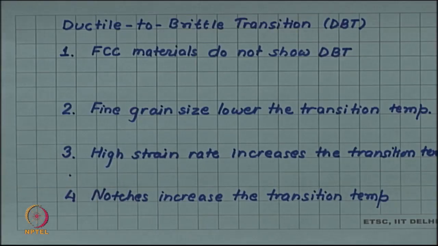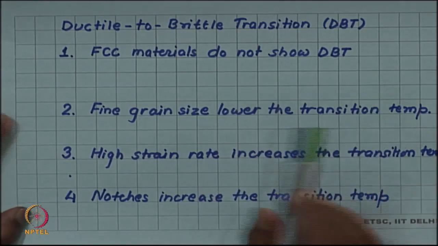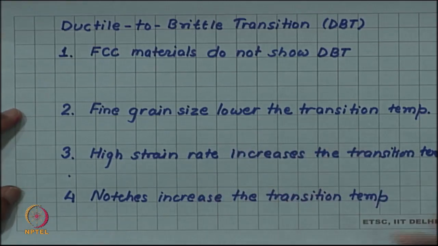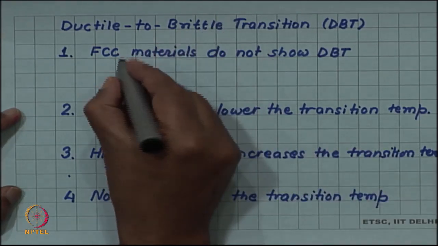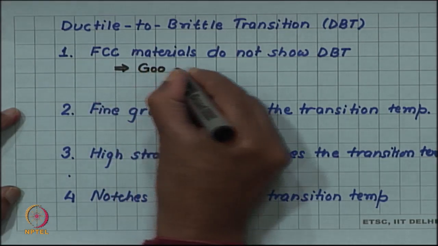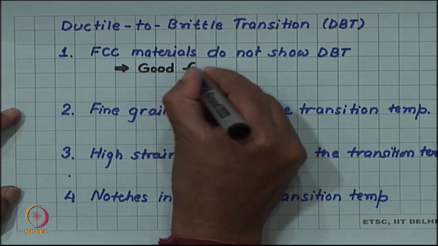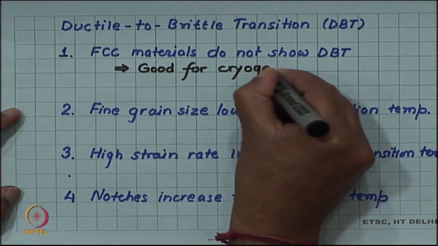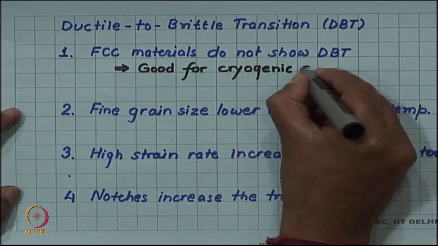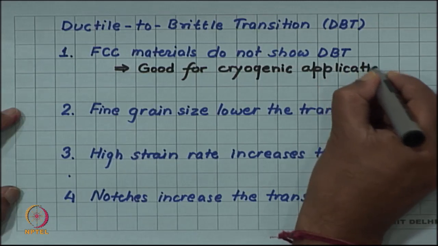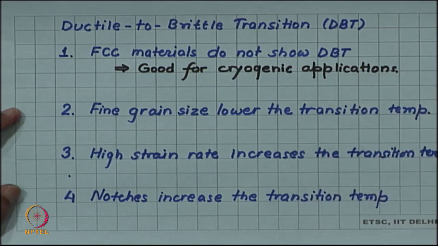So, let us look at some of the facts about ductile to brittle transition. FCC materials do not show DBT, ductile to brittle transition. So, they are very good. These materials are good for cryogenic applications.